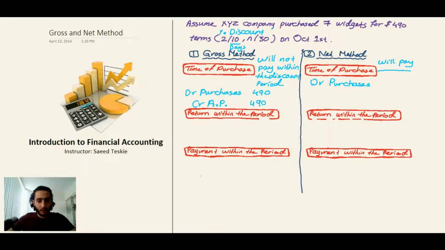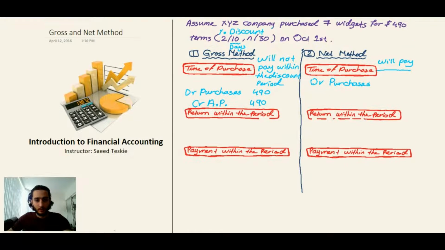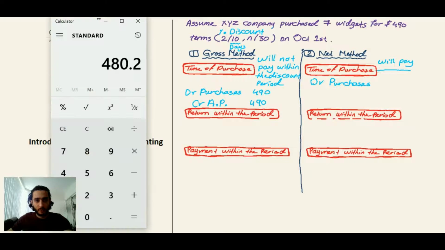So here, let me set the calculator. $4.90 times 0.98 will give us the number that we have to pay if we will pay within the discount period. So 480.2 is the total amount that we have to pay within the discount period.